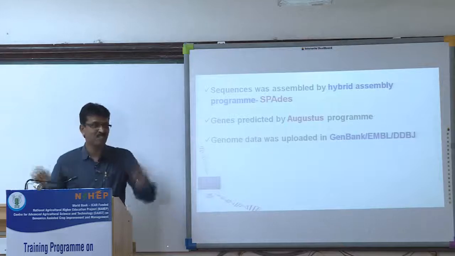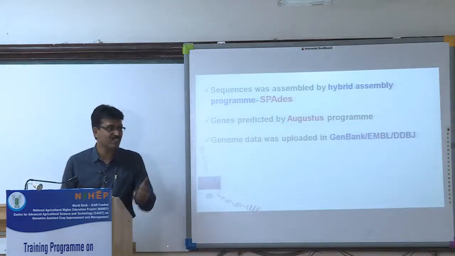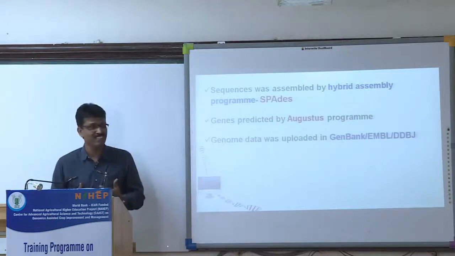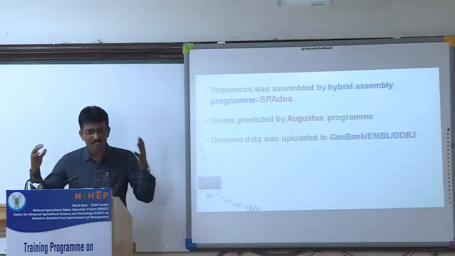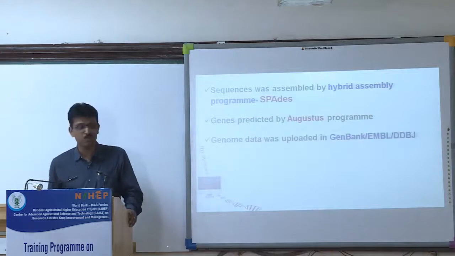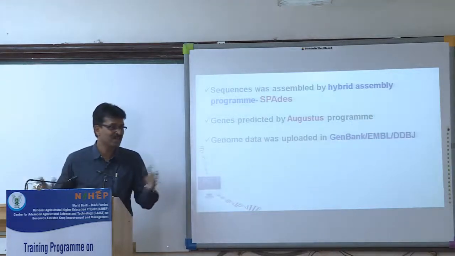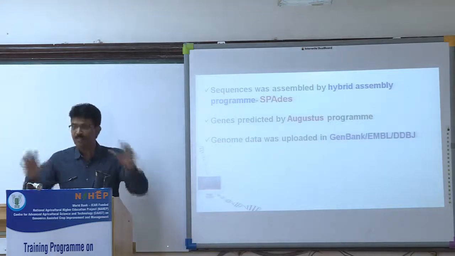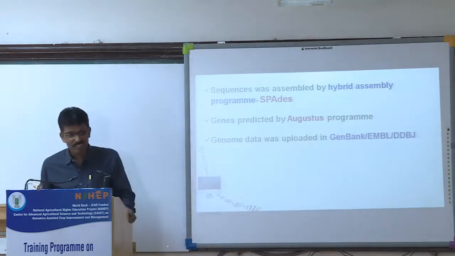If you want me to summarize the entire effort in one word, it is called genome assembly. You are assembling the reads in order to get the real genome as it is in the native state. That is seldom achieved, but nevertheless people are making a lot of efforts, right. So, this is the assembled genome.